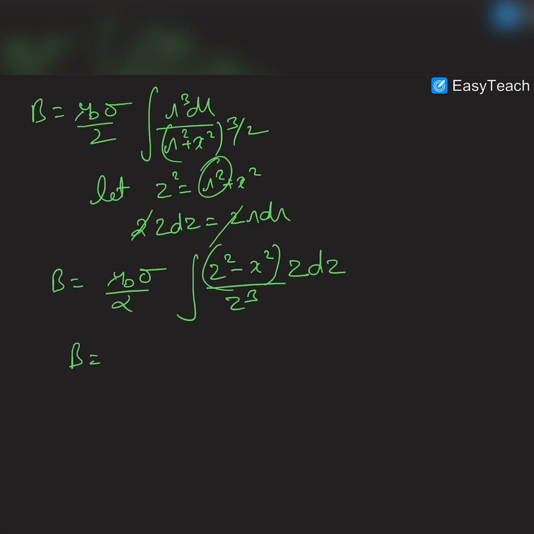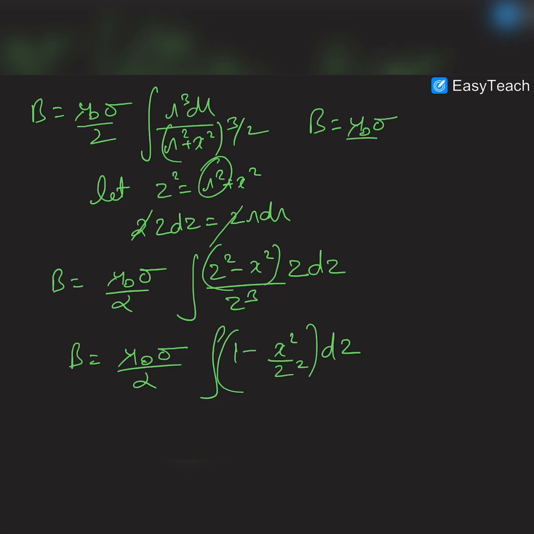So B will be equal to mu naught sigma by 2 integration of 1 minus x square by z square into dz, and B will be equal to mu naught sigma by 2 times z minus x square, and the integration of 1 upon z square is equal to minus 1 upon z. So it is plus 1 upon z.